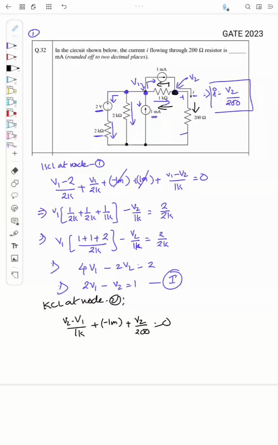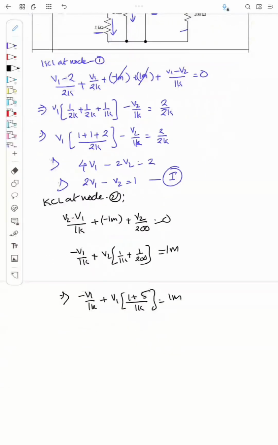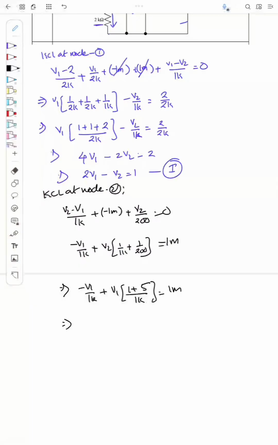I will bring 1 milli to the RHS and club the terms: minus V1 by 1k, and V2 terms are 1 by 1k plus 1 by 200, which I can write as (1 plus 5) by 1k, since 5 into 200 is 1k, that equals 1 milli. I will bring 1k to the RHS, so minus V1 plus 6V2 equals 1 milli into 1k, which is 1. So minus V1 plus 6V2 equals 1. This is the next equation I got from node 2.